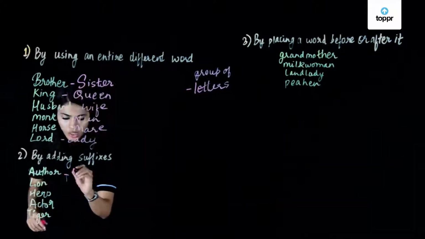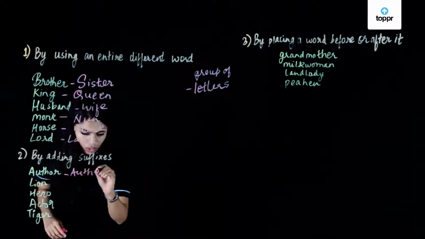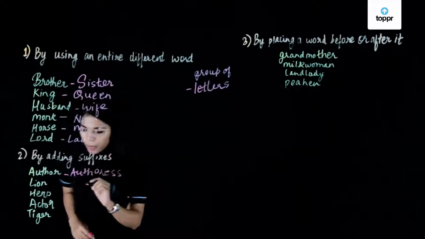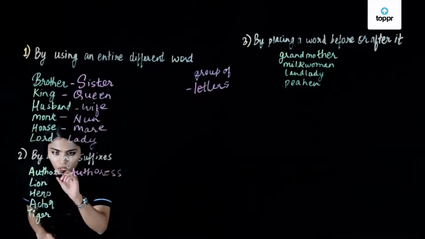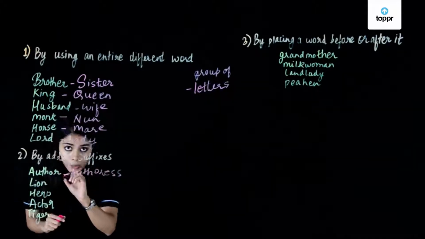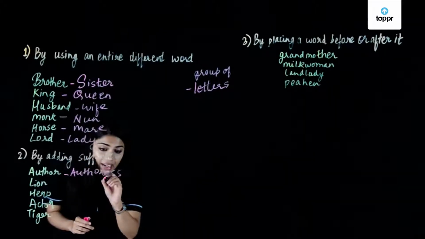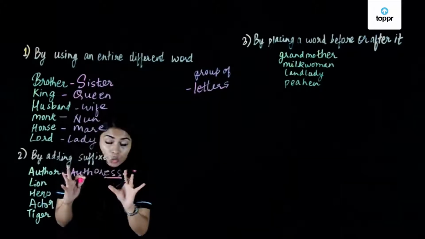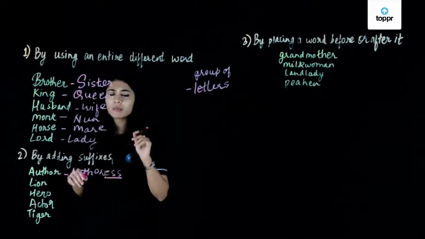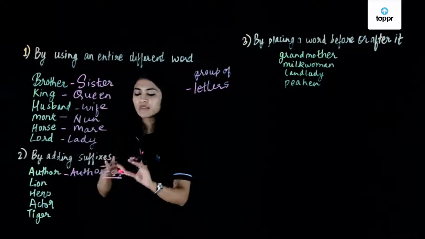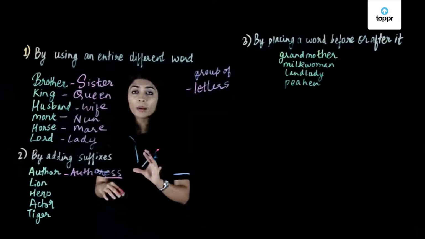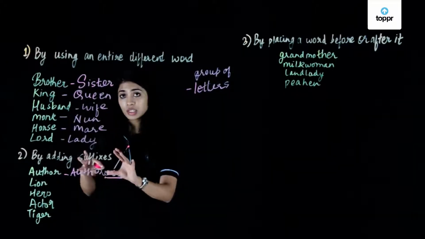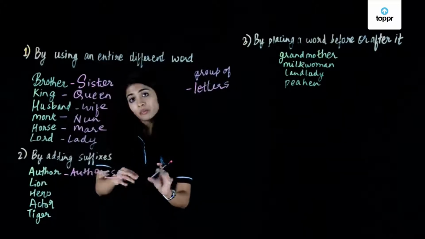Author. Author becomes authoress. So, here the word author ends with an R. What we have done here, we have simply added an ESS and we get the feminine noun, which is authoress. Also, an important point here is that the suffix ESS is the most commonly used suffix when we want to form the feminine noun.